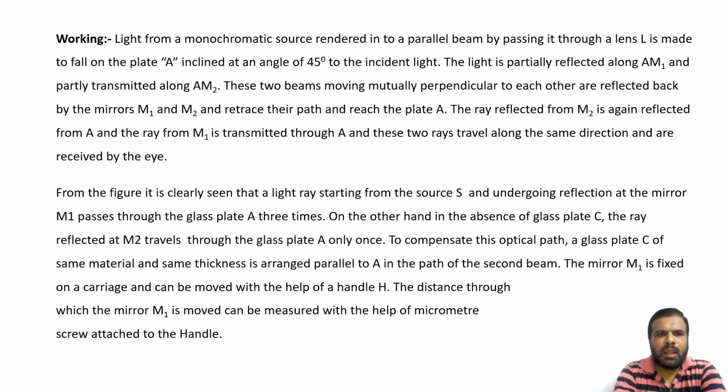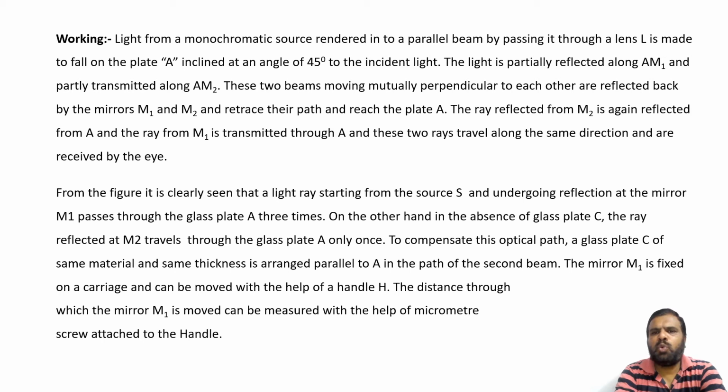Working. Light from a monochromatic source, rendered a parallel beam by passing it through a lens L, is made to fall on a plate A, inclined at an angle of 45 degrees to the incident light. The light is partially reflected along AM1 and partially transmitted along AM2.